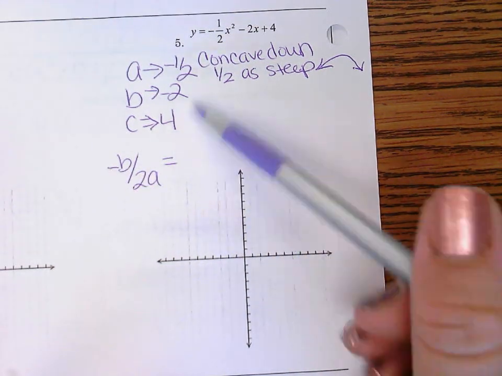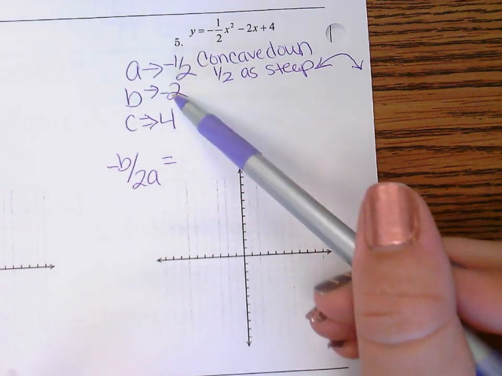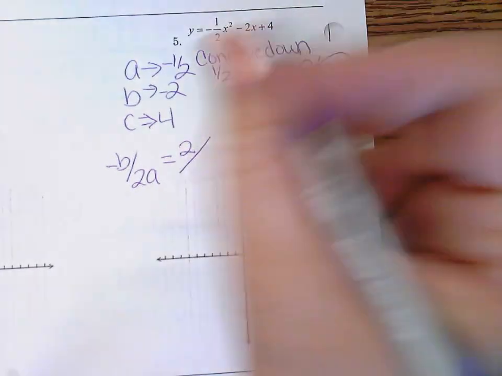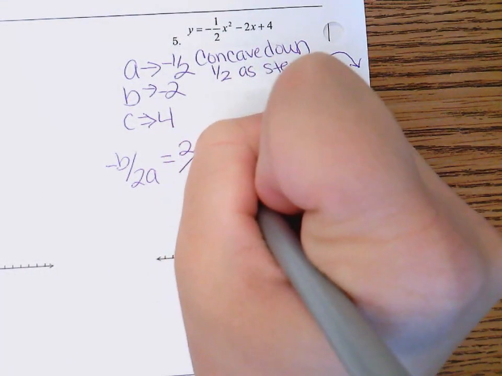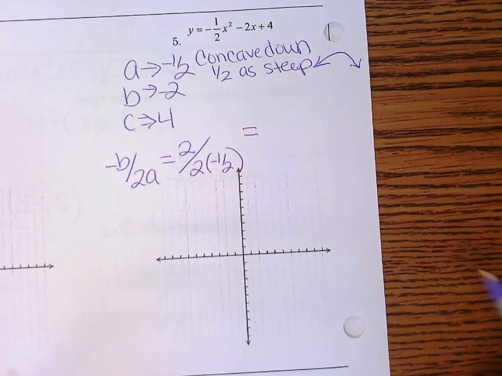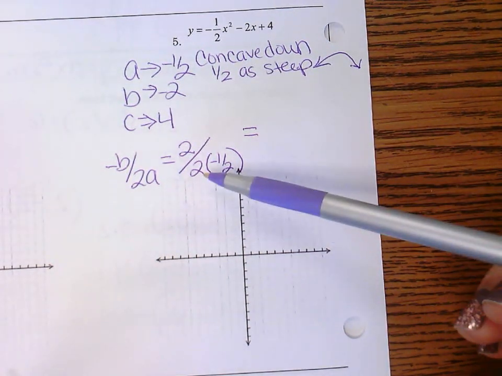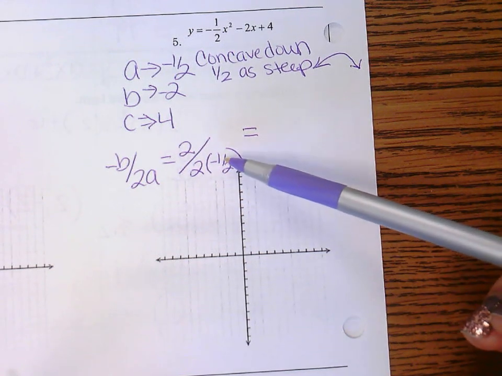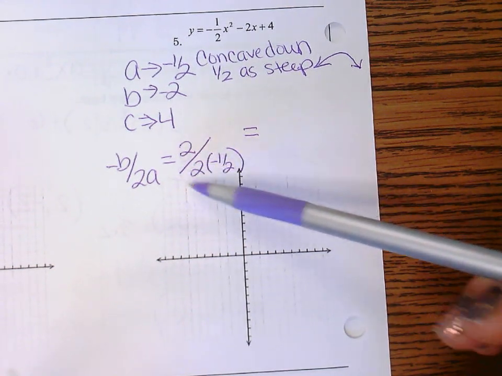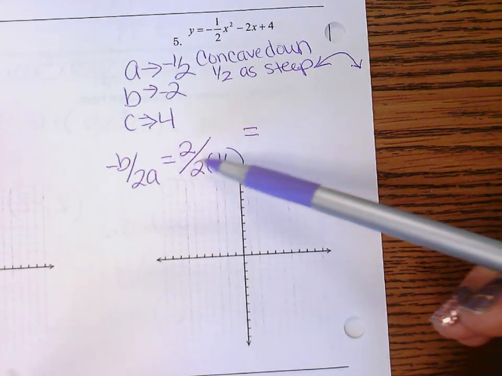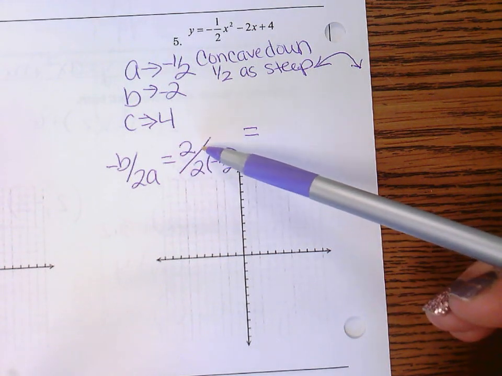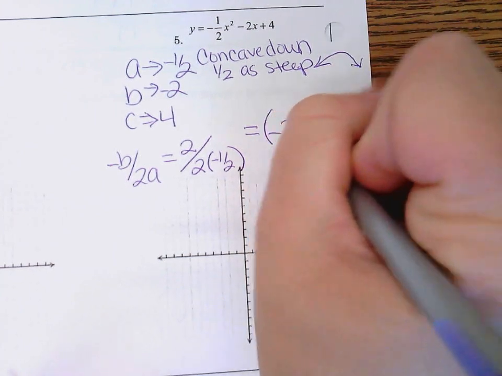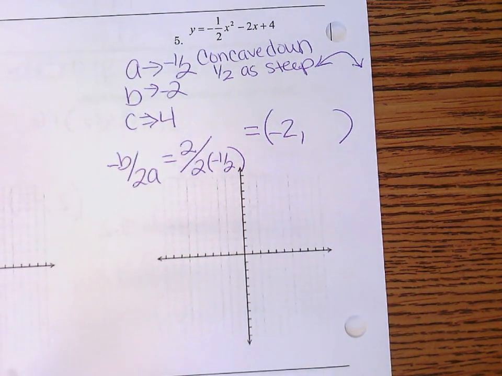So I've got -2 again, so now it's going to be +2 divided by 2 times -1 this time. So I got to do a little bit of math. 2 times -1/2 is -1 in the denominator, and then 2 divided by -1 is -2 as my x value.